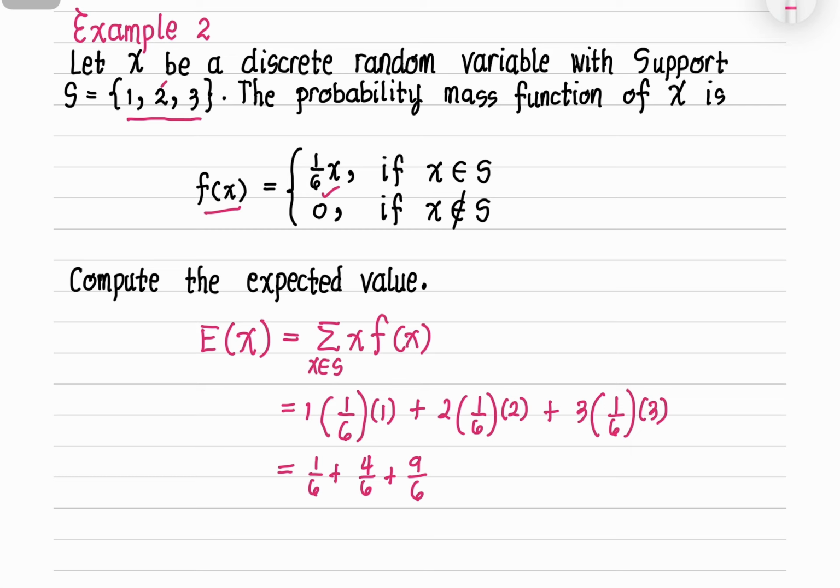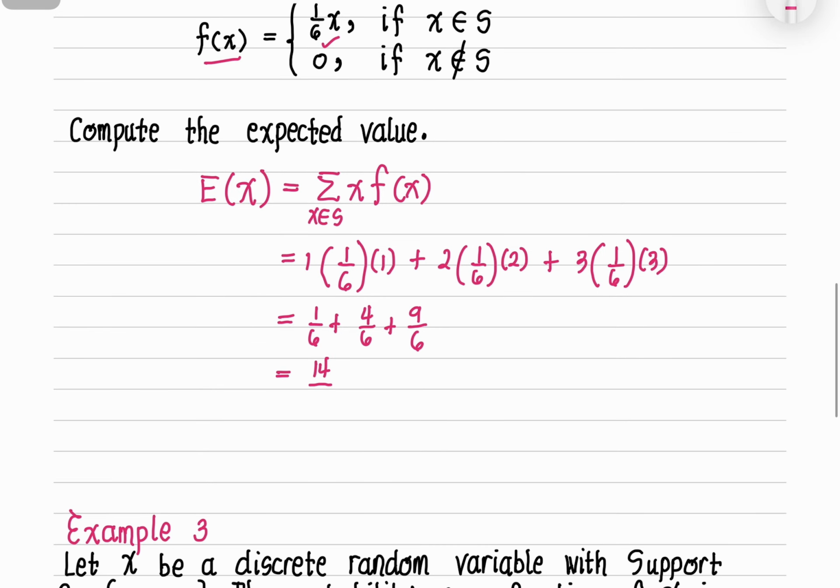We have similar fractions again, so we only add the numerators. 1 plus 4 equals 5, plus 9 equals 14. So 14 over 6, or 2 and 1/3.